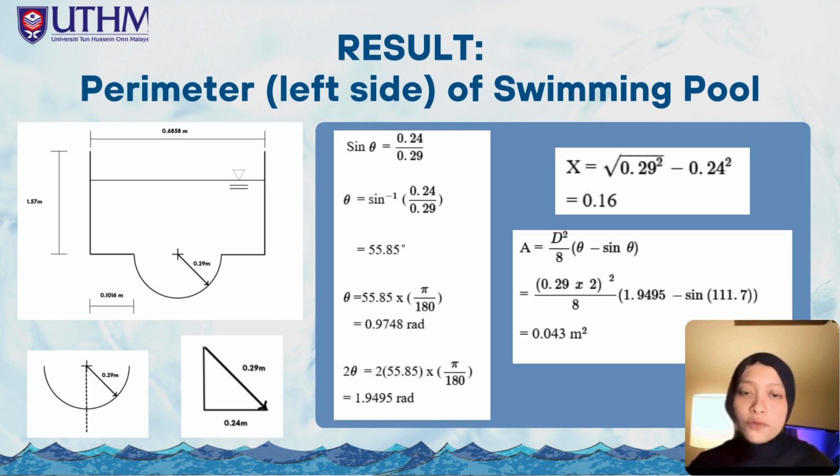For our final segment calculations, we use the full central angle theta of 1.9495 radians, and then using the geometric formula for a circular segment, we calculate the area of this lower portion to be 0.043 square meters.